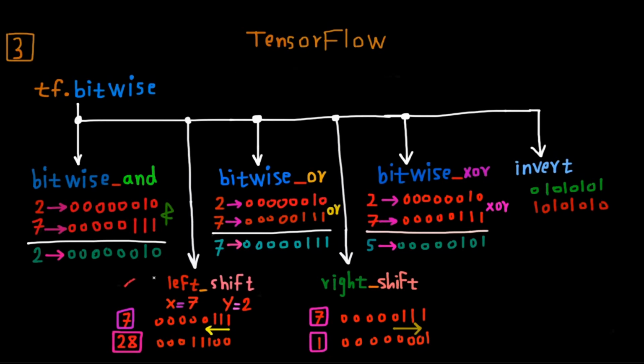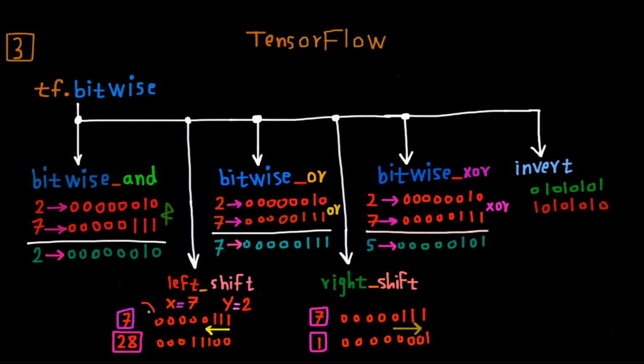Now let's go to the left shift function. This function has three arguments, x, y, and name. X is just a tensor and the data type of this tensor must be one of the data types that we said before. And y is a tensor as well and must have the same type as x. Let's say x equals 7 and y equals 2.